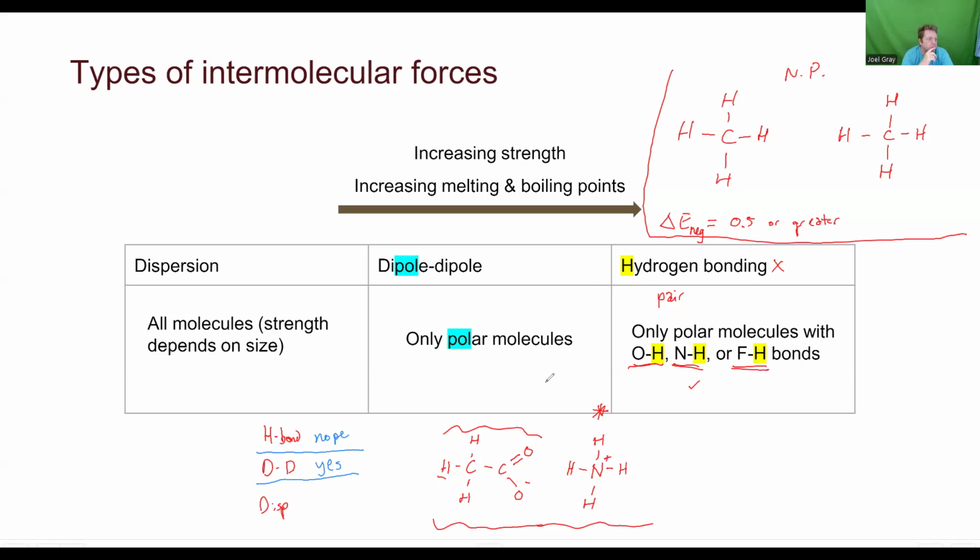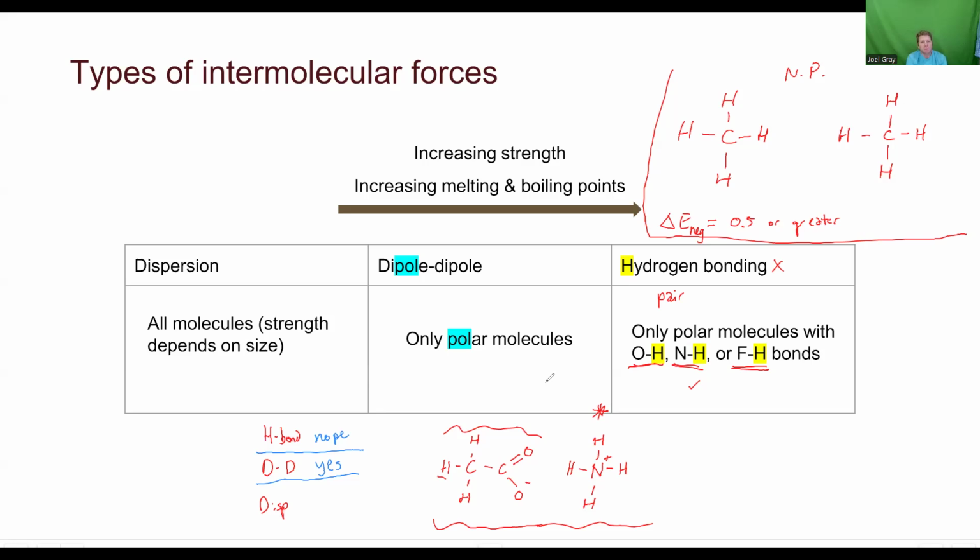Next is our dispersion forces. And before we even answer that, one thing I want to say is that just because a molecule has dipole-dipole does not mean that it cannot have dispersion forces. It's not like we only get one of them. Instead, think about it as, everything's going to have dispersion forces.